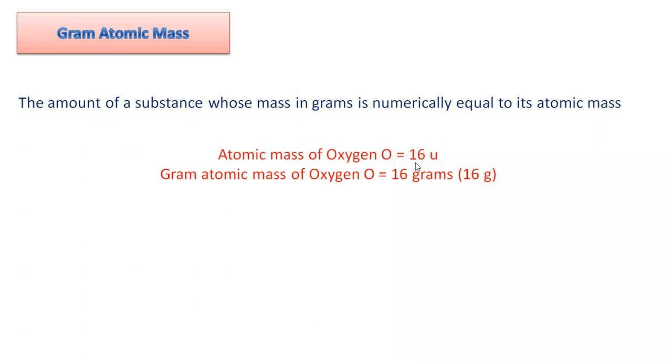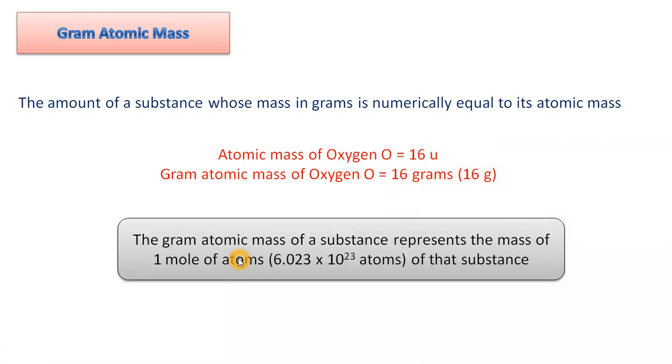Now, when we express the 16 units in grams, that means instead of 16 units, we write it as 16 grams. Then it becomes the gram atomic mass of oxygen. So the gram atomic mass is nothing but the atomic mass expressed in grams, and you have to write the symbol g instead of the unit.